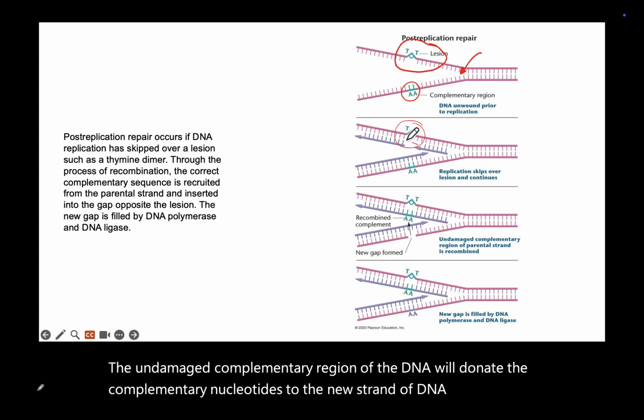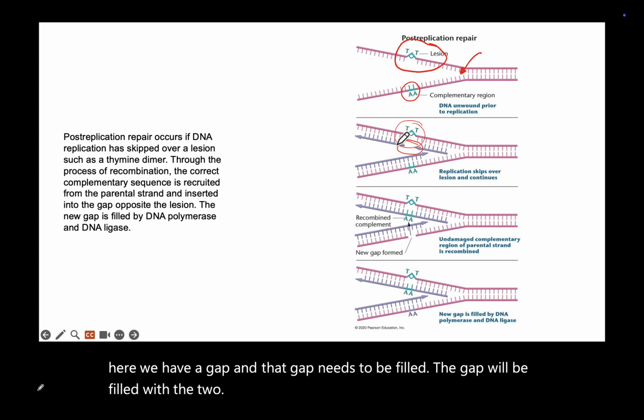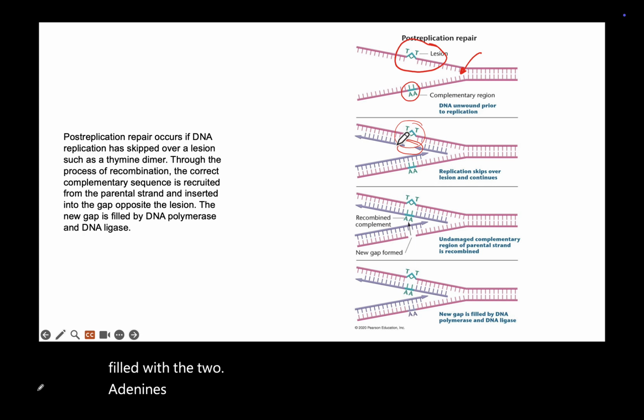See that here we have a gap, and that gap needs to be filled. The gap will be filled with the two adenines coming from the complementary strand.